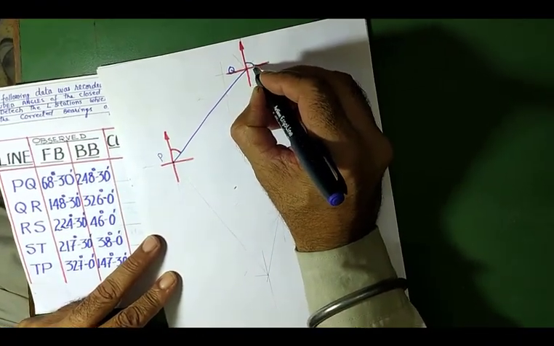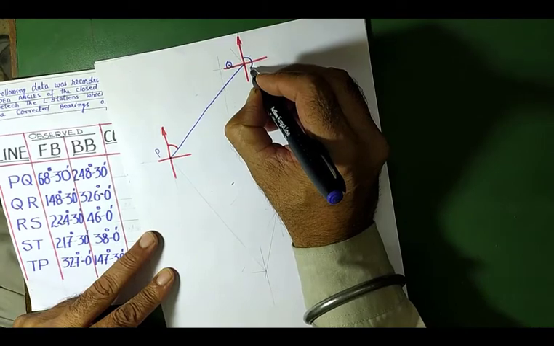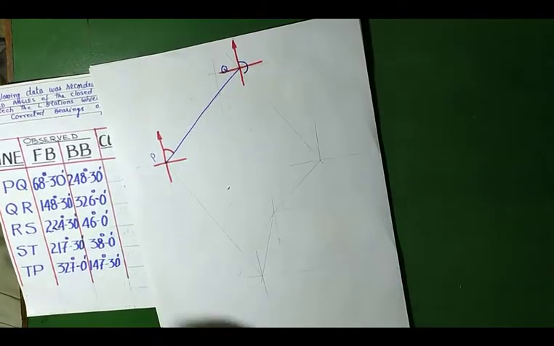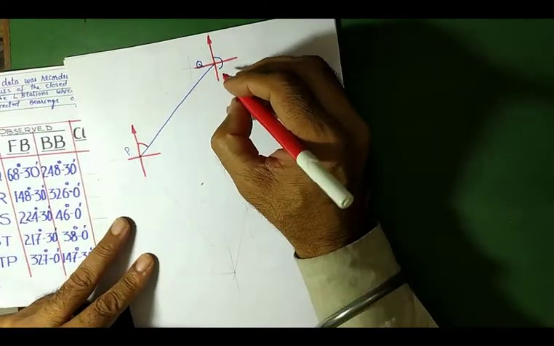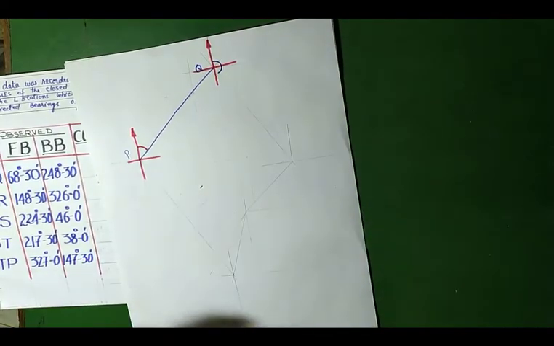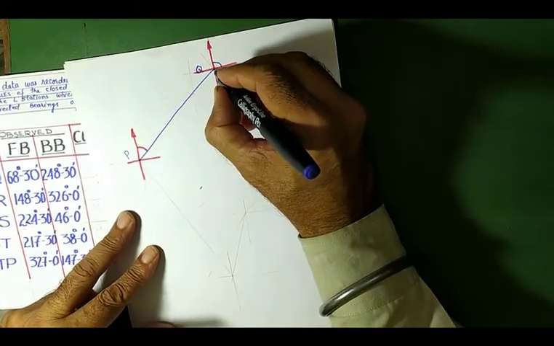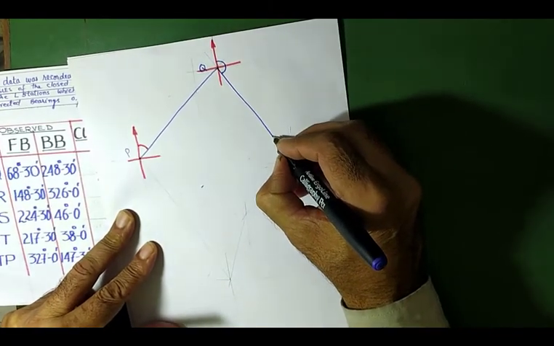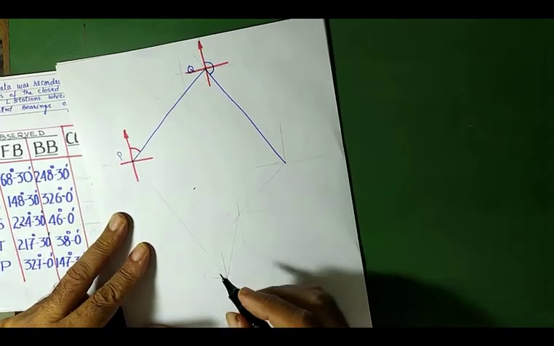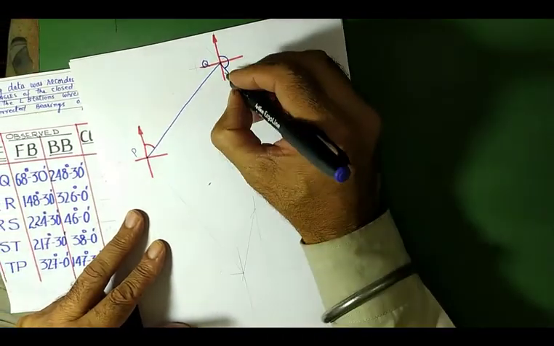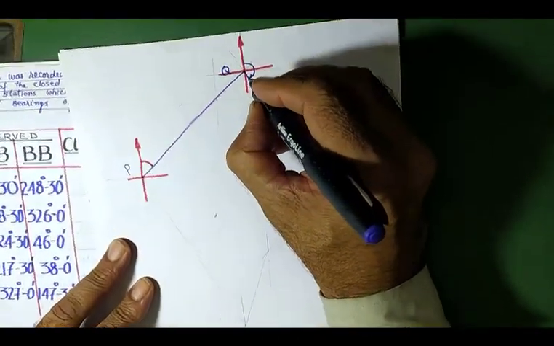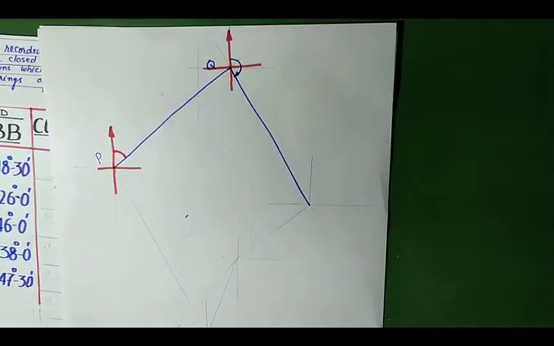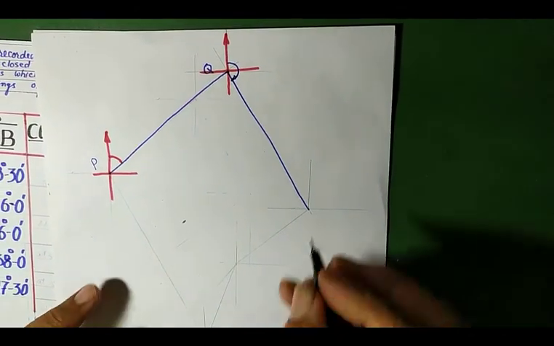This is 90 degree, then this will be the angle of 148 degree. From here you can draw the line. This line is QR, at an angle of 148 degree 30 minutes like this, okay. It is an approximate sketch. Then there is point R. I will suppose the point R is over here.